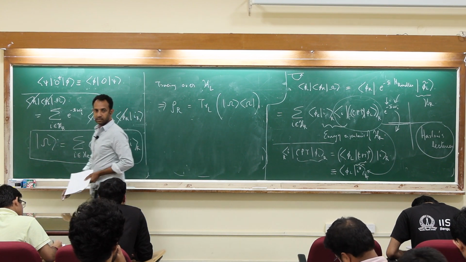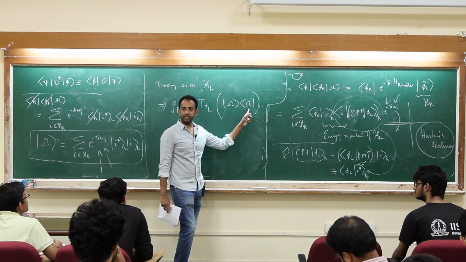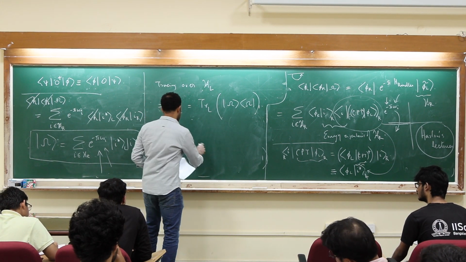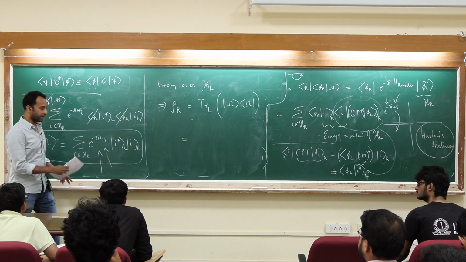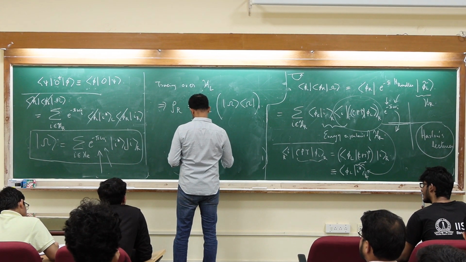So I take the pure state omega, make it into a density matrix, and trace over the left half. It's a small exercise, and essentially you will lose this piece and you will pick up an extra factor.